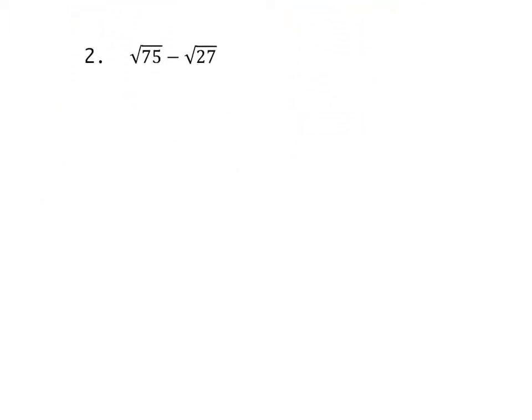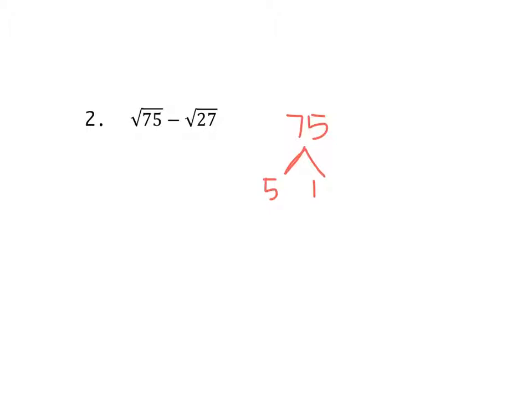So look at number 2. The same rules go with subtracting radicals, so we have to have the same thing underneath. Let's do a factor tree for 75. What are some factors of 75? We have 5 and 15. Are either one of those prime? Yes, 5. But we can break down 15.